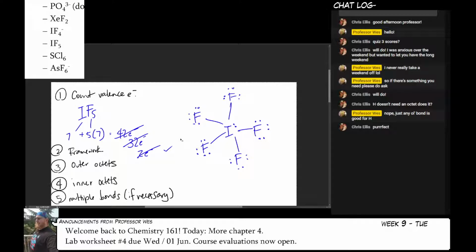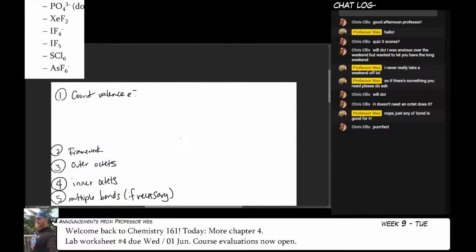All right. I'm going to just give you the Lewis structures for the last few. So SCl6 looks like this. I have these more or less memorized because I've just done so many of them. So there's SCl6.